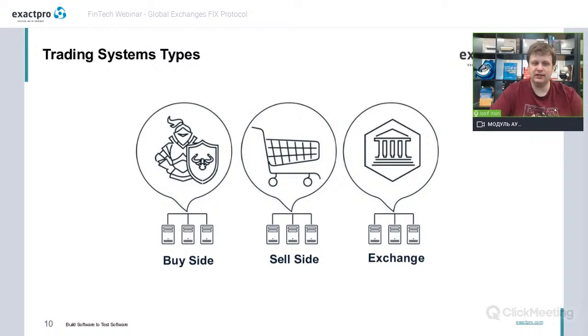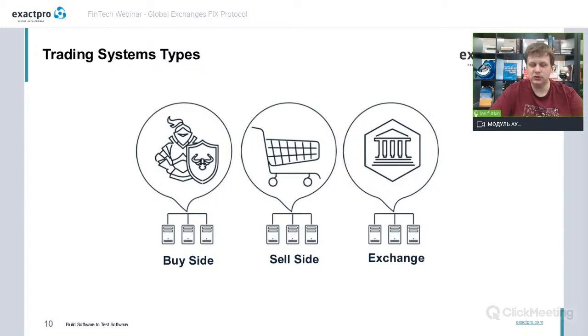All three types of entities rely on servers. You can see servers underneath each of the pictures. It means that not just in the future, but today everything is happening over electronic protocols. So computers talk to computers most of the time.